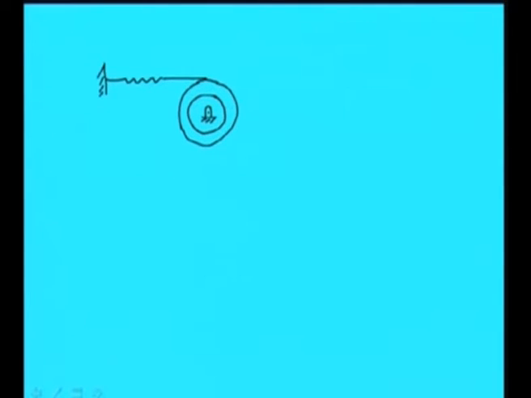They are a single member, and through this another cord is attached, and at the end there is a mass. The first cylinder has radius r2 and the inner one has radius r1, and the polar mass moment of inertia of this is Ip.